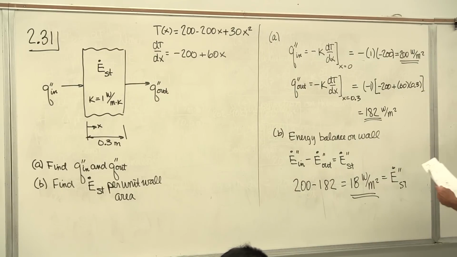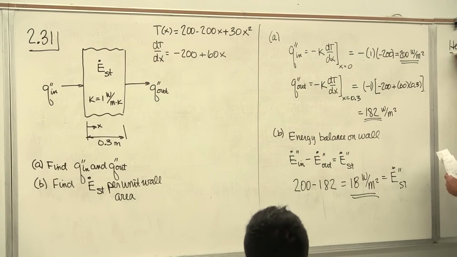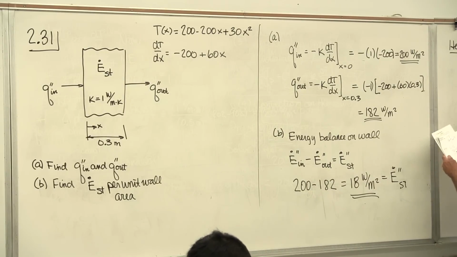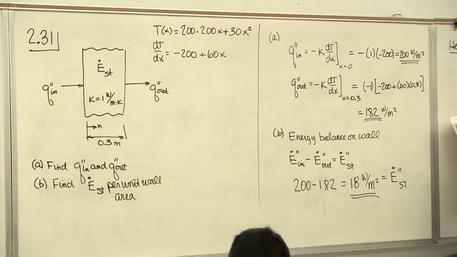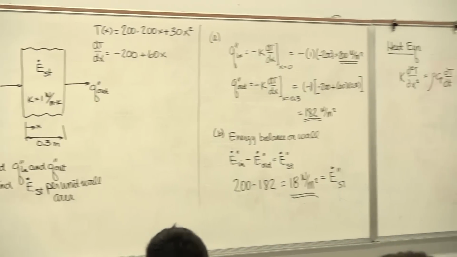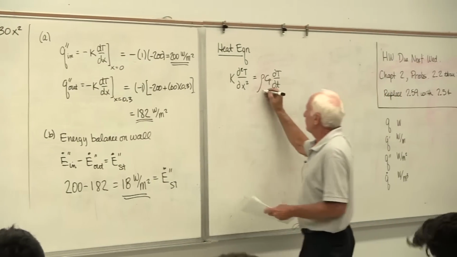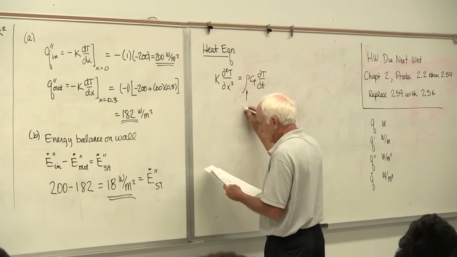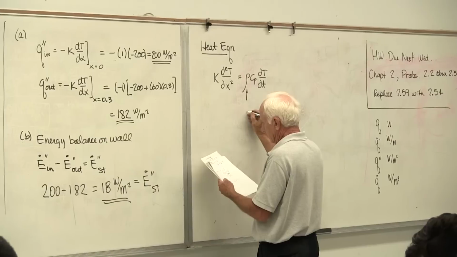Go to the heat equation, the heat diffusion equation. All right, one-dimensional, constant properties, no generation. This is what you get. Rho is in kilograms per cubic meter.